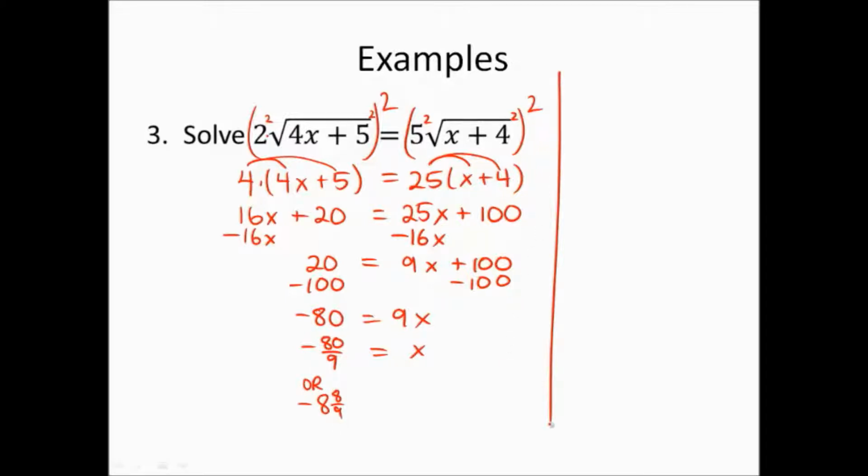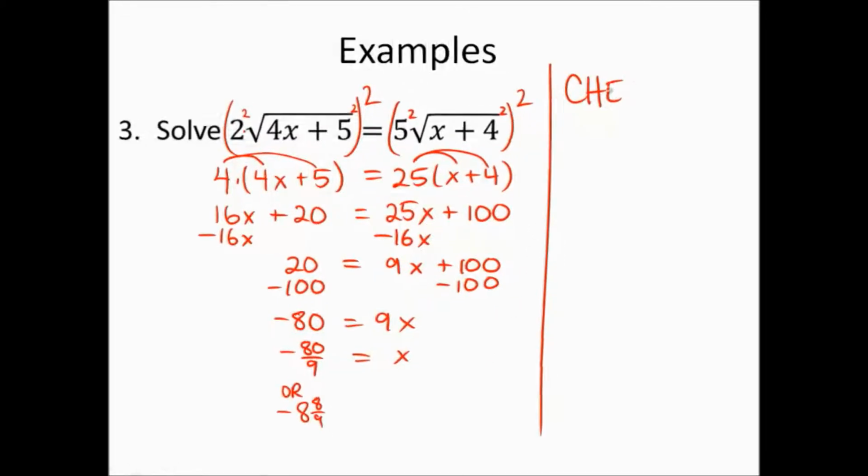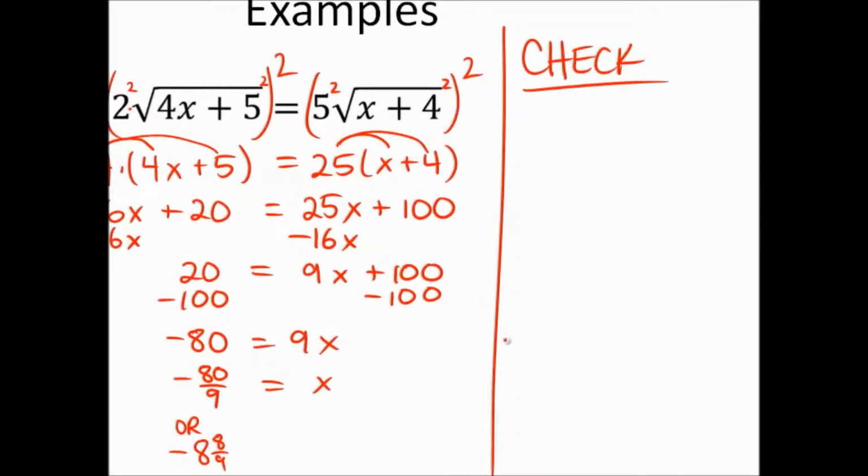But remember, we always have to check our answer. So let's double check negative 80 over 9 into the first side. So we'd have 4 times negative 80 over 9 plus 5.